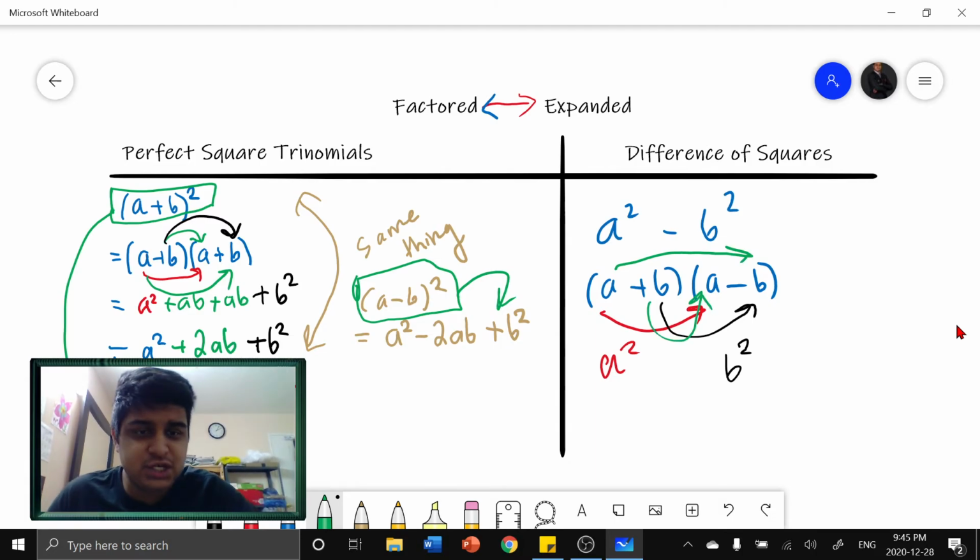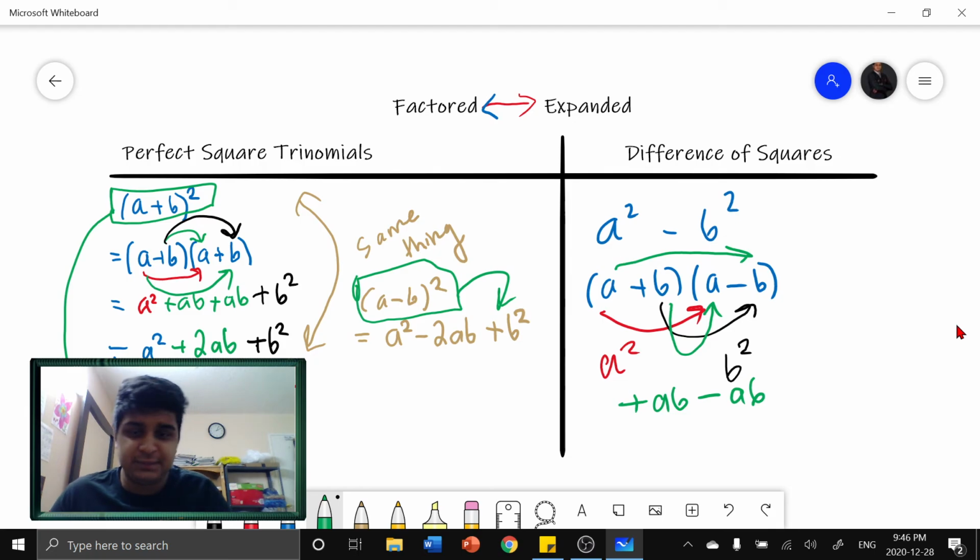But one of these green terms has a minus sign, and the other one does not, right? So the first ab would have a plus sign, but the second ab, which is this middle term here, the inside terms, they don't actually have a plus sign. So because we have plus ab, and then we have minus ab, both of these terms actually cancel out, and we get nothing in the middle, right?